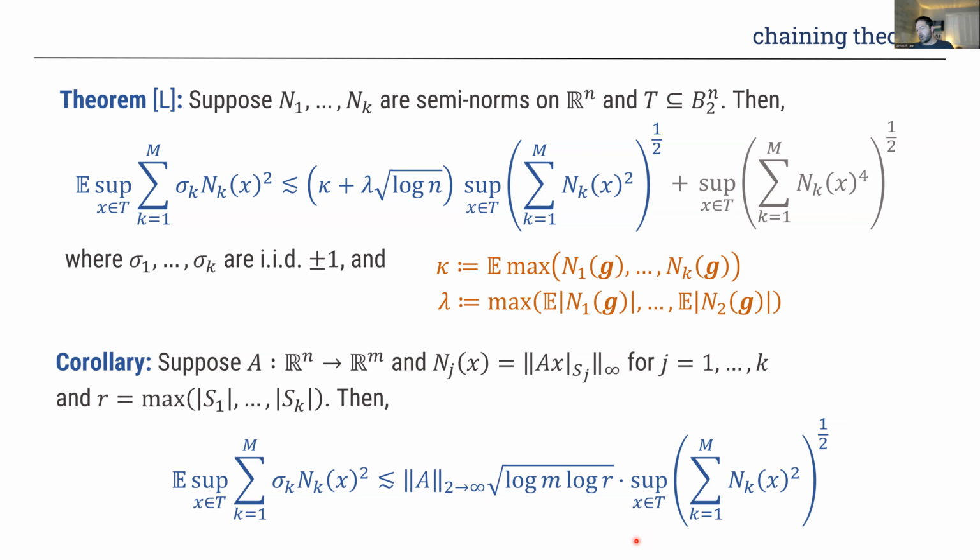Now there was this symmetrization reduction at the beginning. If you go through that reduction, then essentially the number of edges in your sparsifier is going to be the square of this quantity. I said that this is square root of n, so when you square this, you get n times log of m.